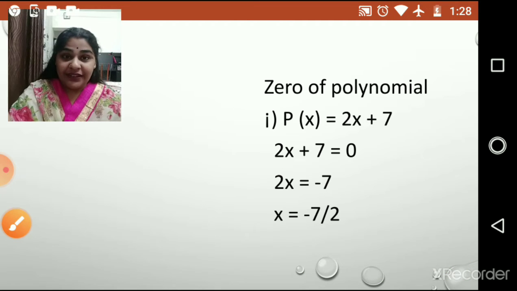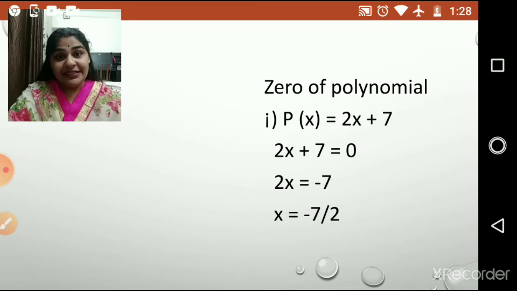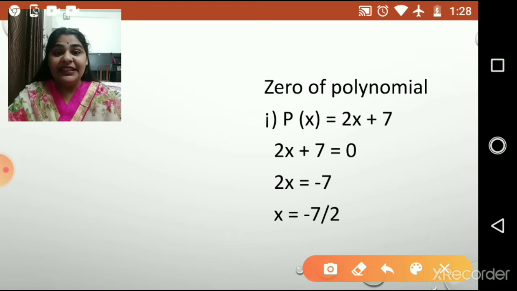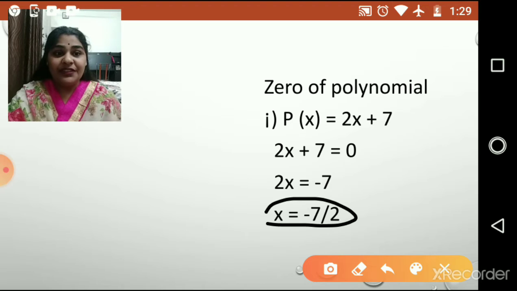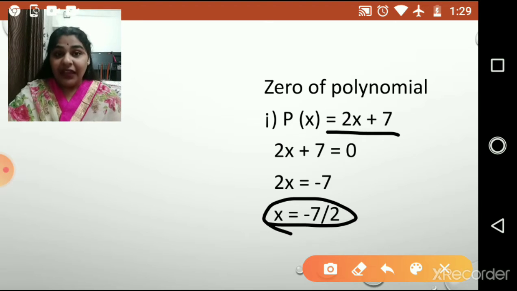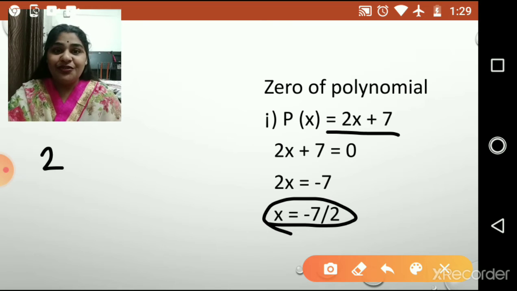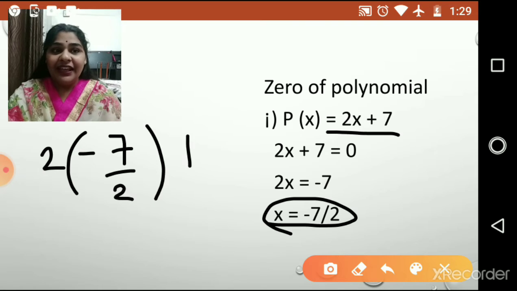So how to check whether it is correct or not, that you know, children. We are finding zero of polynomial. That means when I substitute this value in our given polynomial, I should get the value 0. Let us check. So 2 into x value, I got minus 7 upon 2, right? And plus 7.